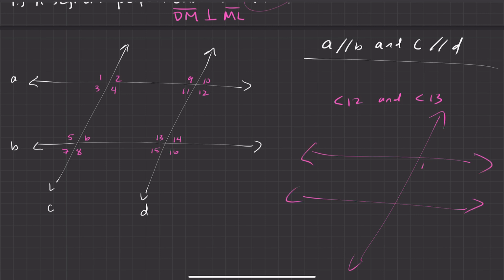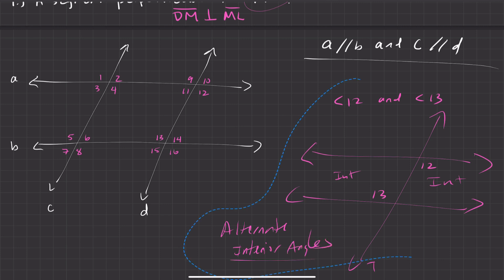So here's 12, here's 13. This is my transversal. So 12 and 13 are opposite, and they're both in the interior. So these are alternate interior angles.